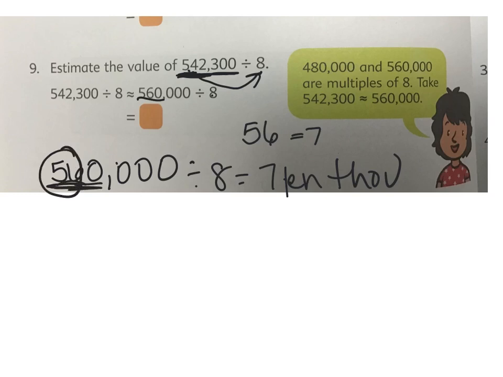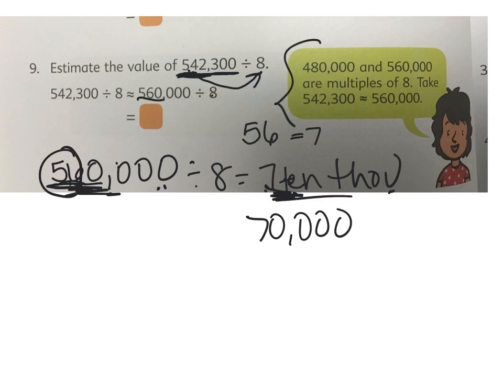I wanted to say 5,600,000. 5,600,000, and it's going to give me 7 10,000s. So 56 10,000s, and then it's going to give me 7 10,000s, or 70,000. That one's a little trickier.